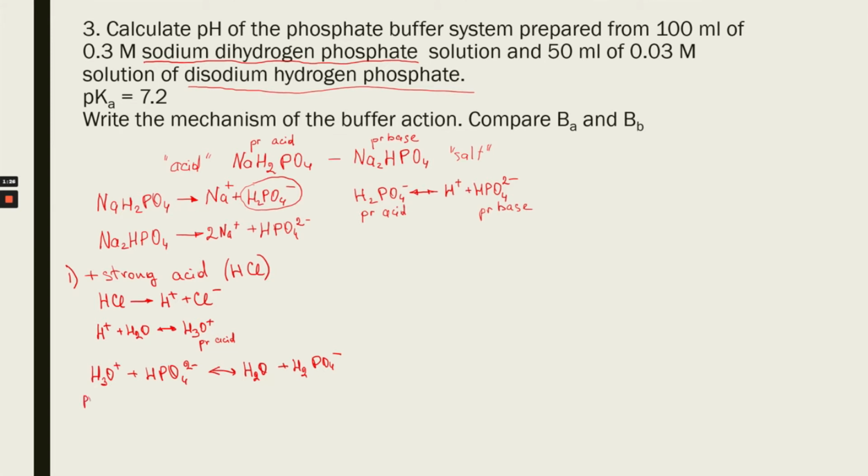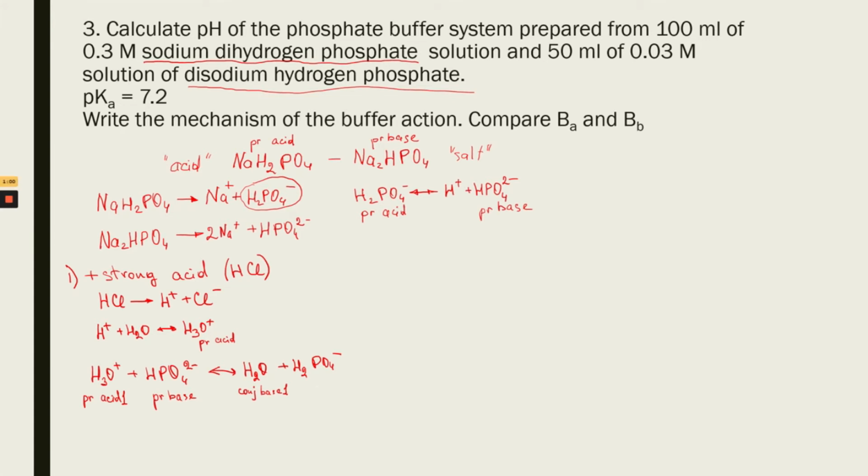So again, this is protolytic acid, this is protolytic base, and this will be called conjugated base. And here I put number 1, and here also number 1, because this is conjugated pair number 1.